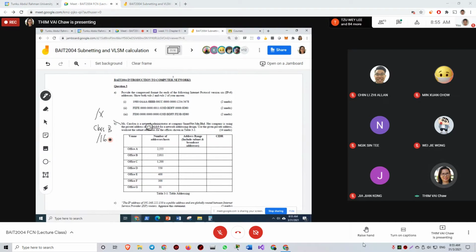Class B 172.16.0.0. So expand these 2 bytes into the bit portion.